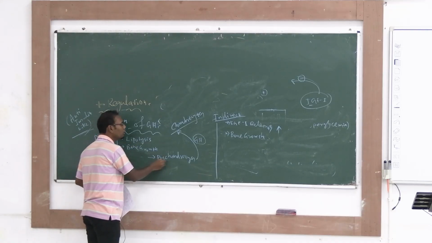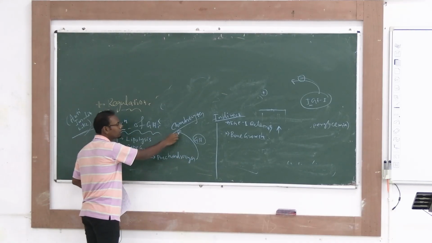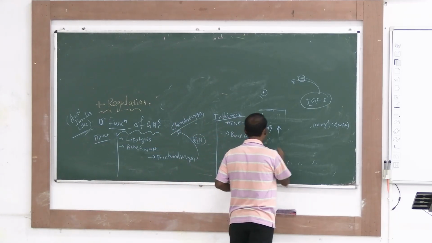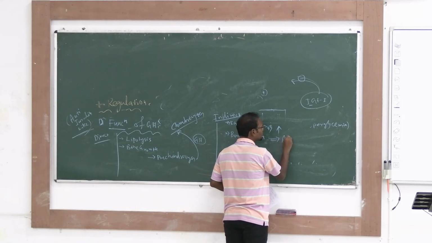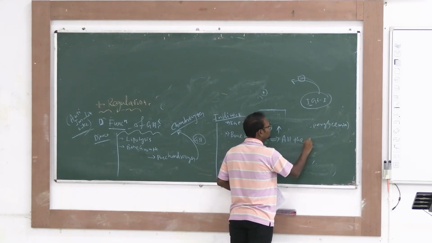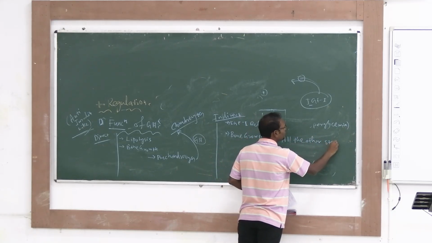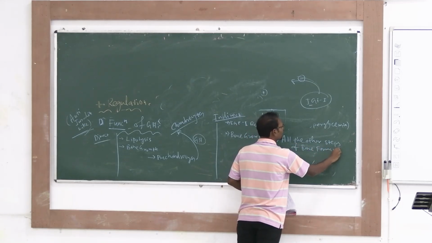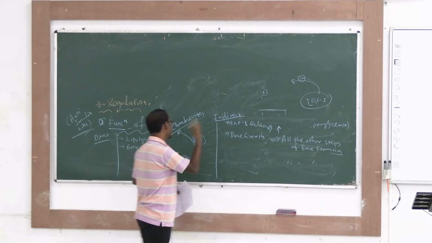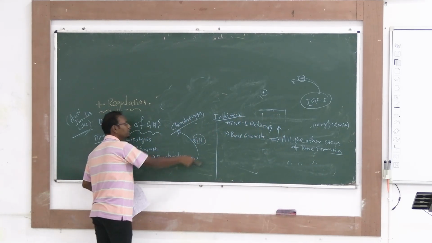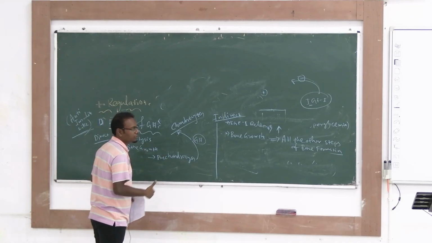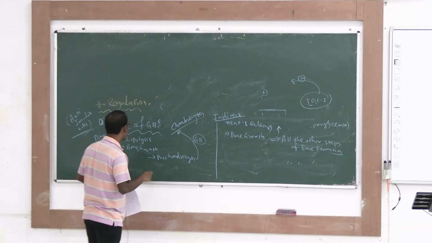Direct action includes only the conversion of pre-chondrocytes into chondrocytes, but indirect action of bone growth includes all the other steps of bone formation except the conversion of pre-chondrocytes into chondrocytes, okay. This is direct, all the others are coming under indirect function. Another was IGF-1 release, okay.